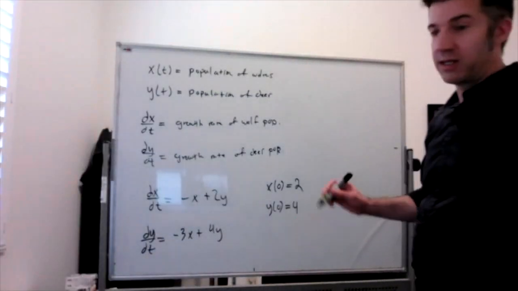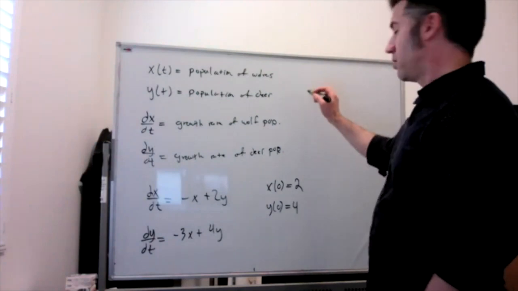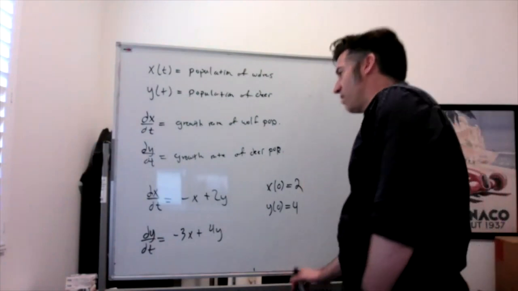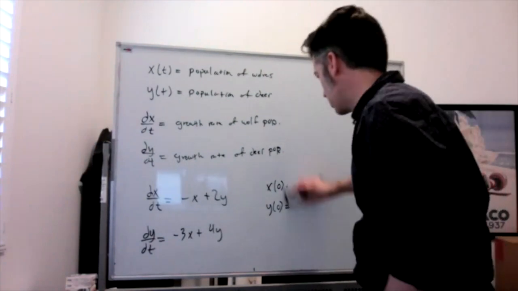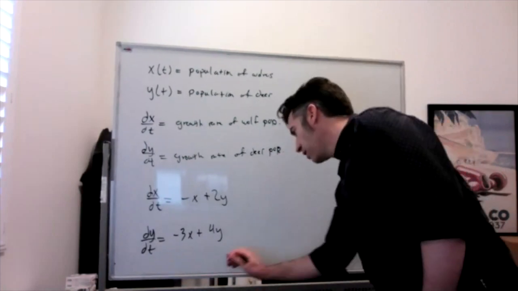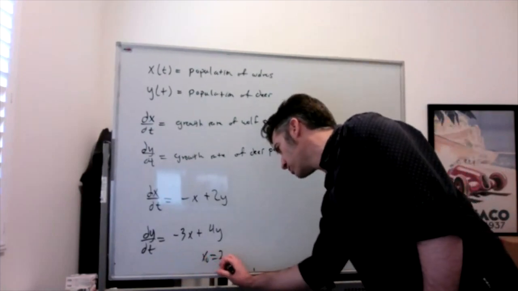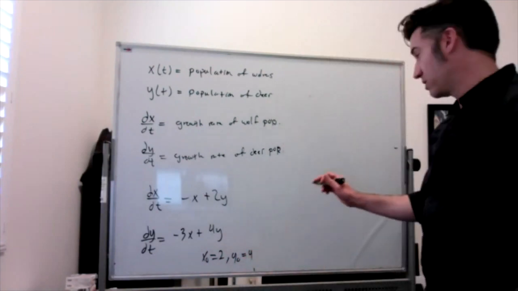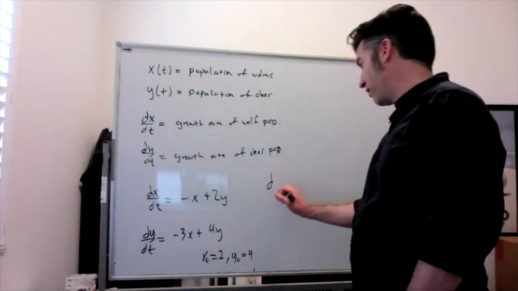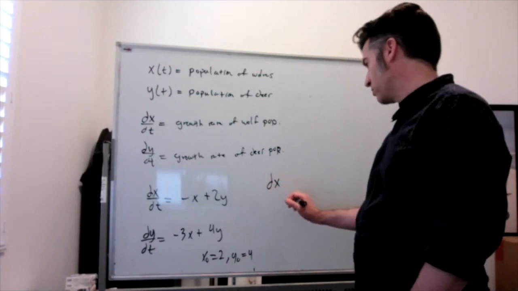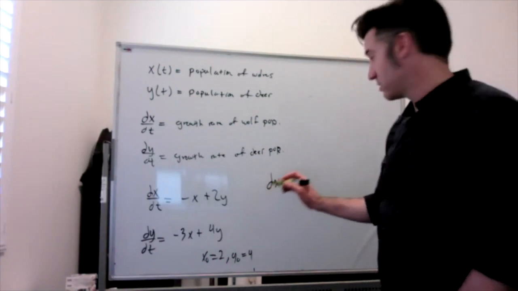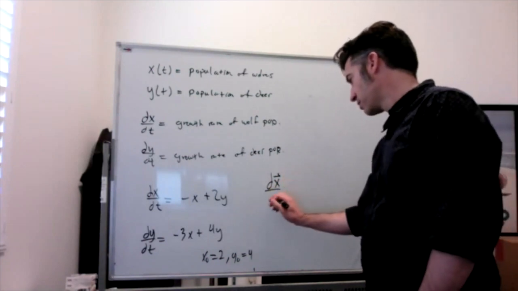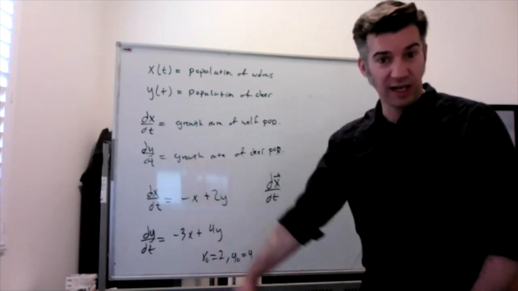We can write this as a matrix. Let me just scooch this over a little bit. All right. x0 equals 2, y0 equals 4. So we can write this as a matrix. We can say that the derivative of our vector, let's call the vector x, which is maybe why I should have called this x1 and x2.